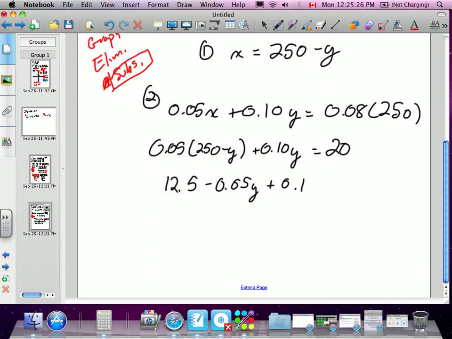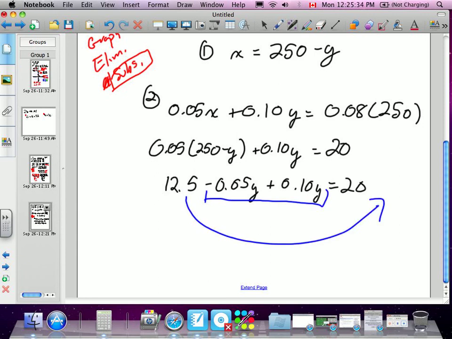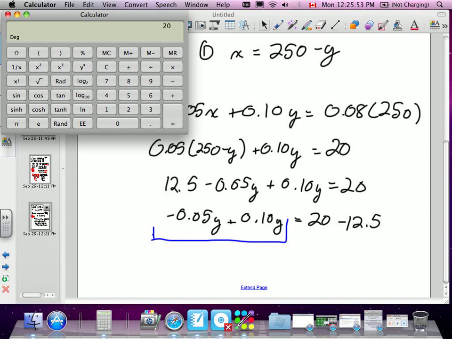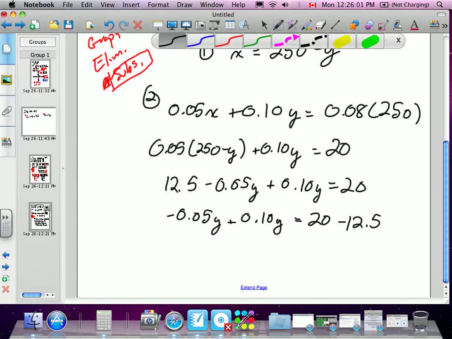I'm going to get all my variables on the left side, which they are, and I'm going to move the 12.5 to the other side of the equation. So I get negative 0.05y plus 0.10y is equal to 20 subtract 12.5. Negative 0.05 plus 0.10 equals positive 0.05y, and this will be 7.5.